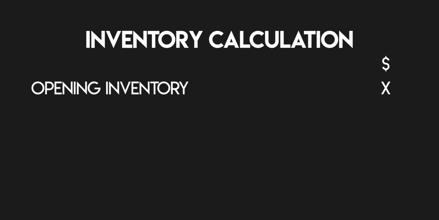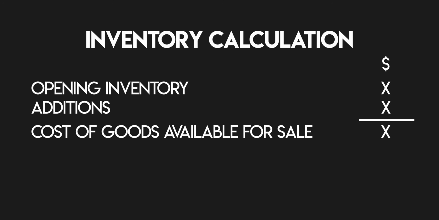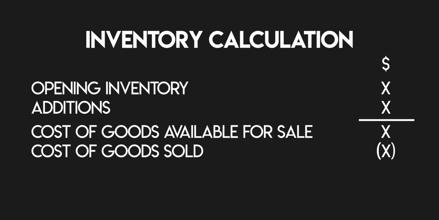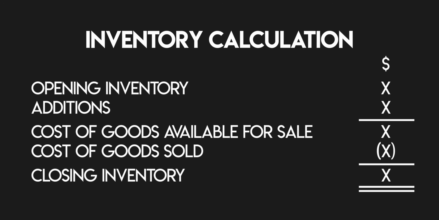At the top, you have your opening inventory plus your additions for October. When you add these together, you work out your cost of goods available for sale. And below that, if you subtract your cost of goods sold, then you come to your closing inventory, your inventory on hand at the end of the period.